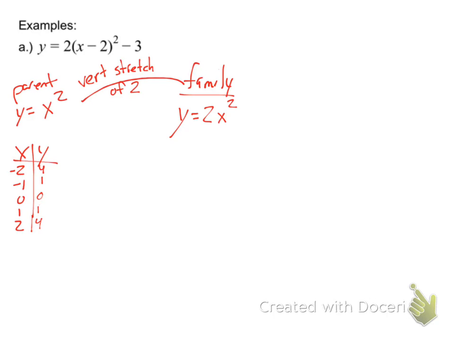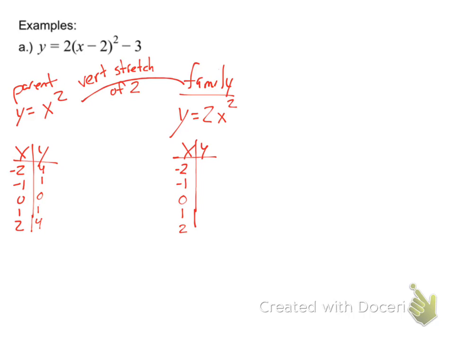Now, as I was saying before, if I stretch something vertically, what are the only values that get affected? Just the y's. So all of the x's are going to stay the same.